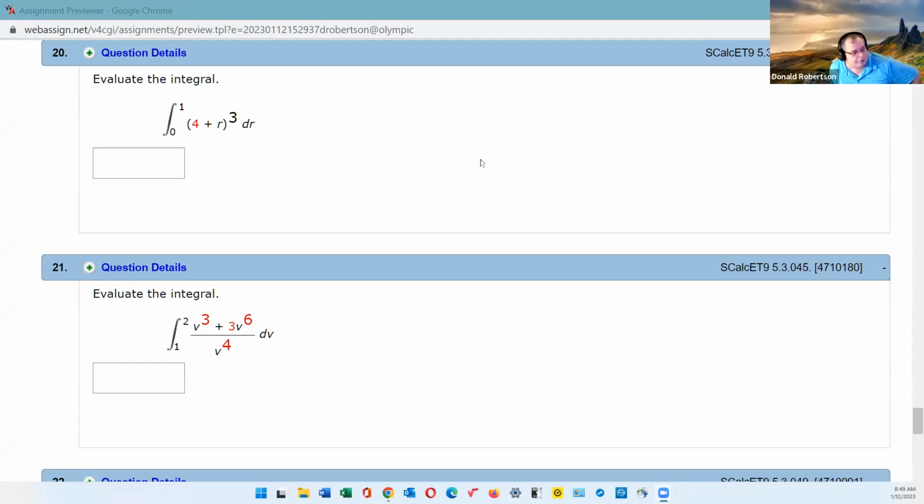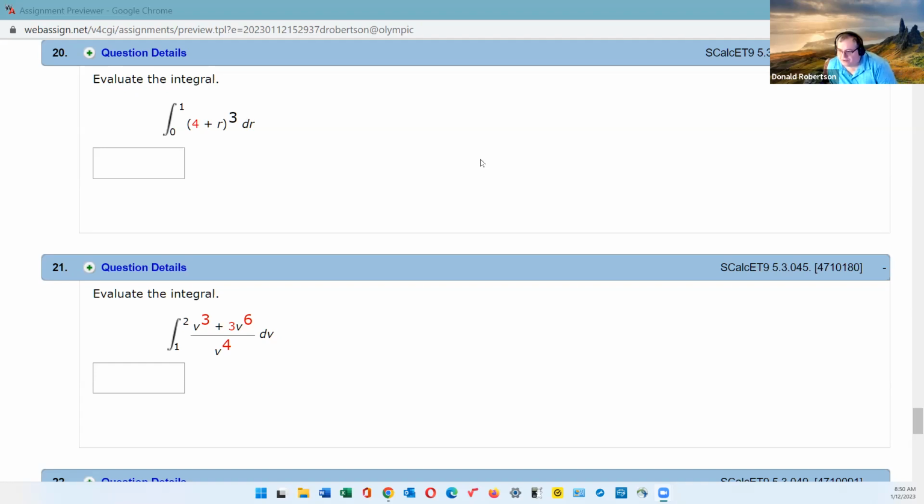What will I need to do to 4 plus r to the power of 3 in order to find its antiderivative using the power rule? What will I do to it?